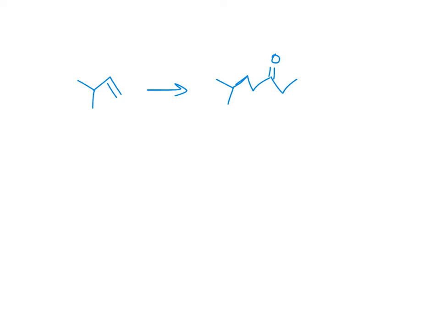Okay, so what we're going to do here, there are multiple ways to do this one, but we're running out of time. Essentially, we need to make this bond right there. So we're first going to go to a bromine, adding a bromine to the end using HBr and peroxide.